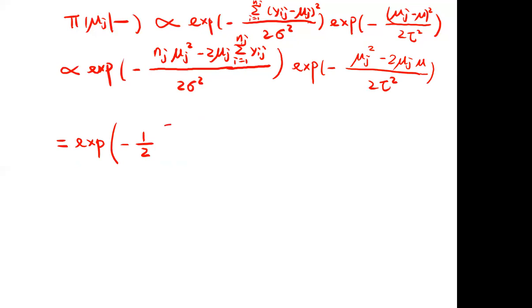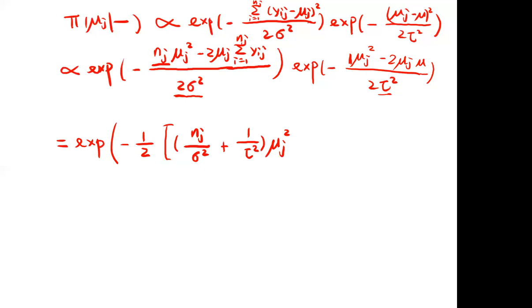And what I have in front of mu j squared is this nj over 2, so with the 2 out, it's nj over sigma squared. That's the contribution from the first term, plus 1 over tau squared. There's a 1 here, and then that was the tau squared here. So this is whatever I will have about mu j squared. Okay?